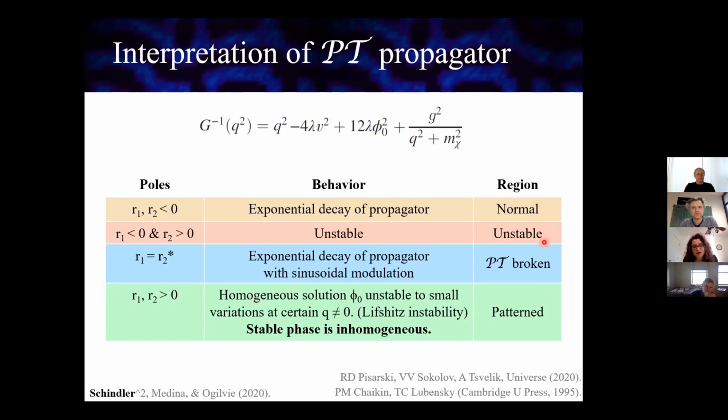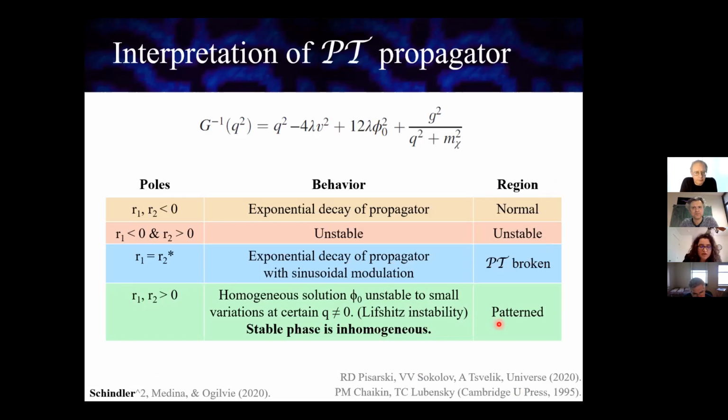Now, the interesting part is that if you have two positive poles, then this is unstable at perturbations with q squared equals these poles. So you've got that ring shape, but it's stable against perturbations at q squared equals 0, which is just a manifestation of a thing that's commonly in the literature, a Lifshitz instability.